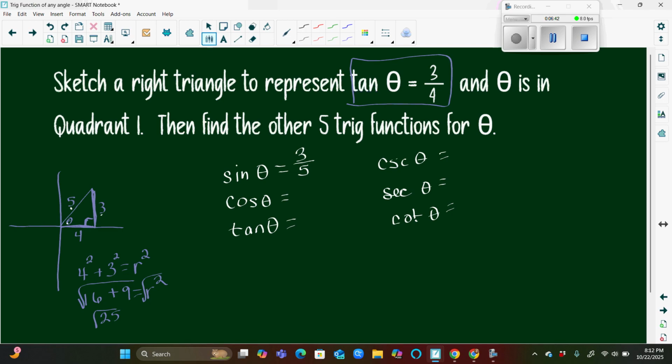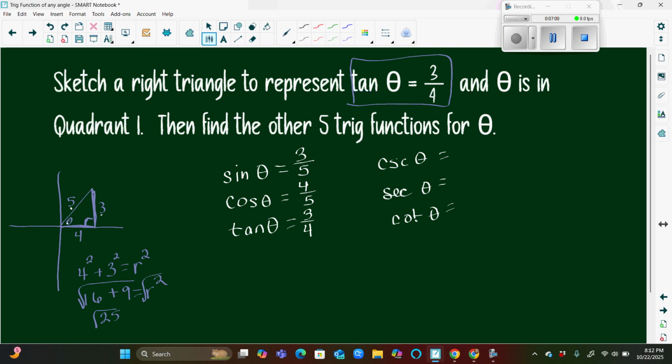Cosine is going to be x over r, or adjacent over hypotenuse, x over r. So that's going to be 4 over 5. Tan is y over x, which we already knew because they gave that to us.